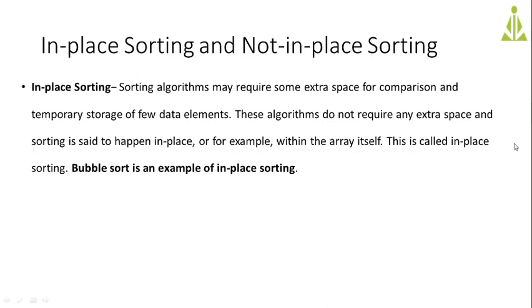This is called in place sorting. What does it mean? It does not require any extra space to sort the data. Whatever storage the data occupies, only that much is used, without taking any extra space. The example for this is bubble sort.